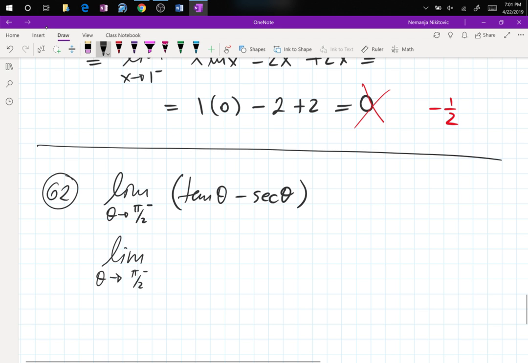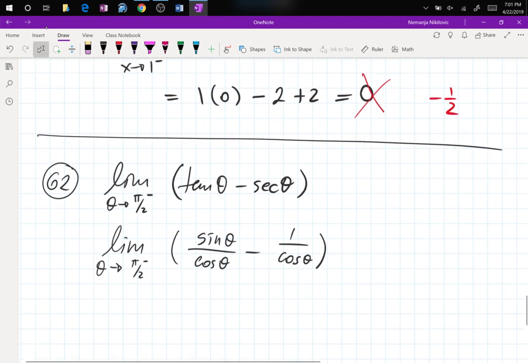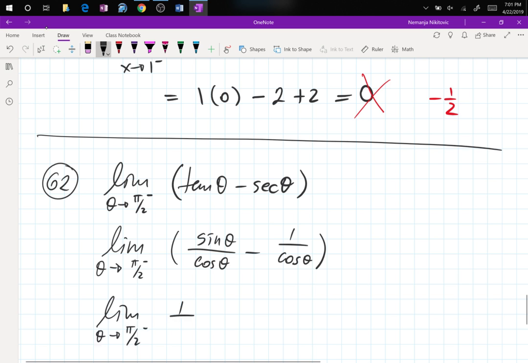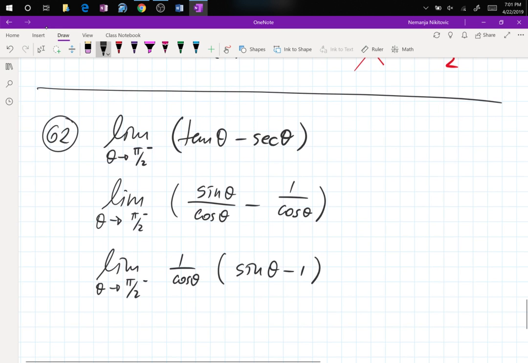So what is the trick? Excellent. So tangent is sine theta over cosine theta minus 1 over cosine theta, and we factor out 1 over cosine theta, which leaves us with sine theta minus 1.